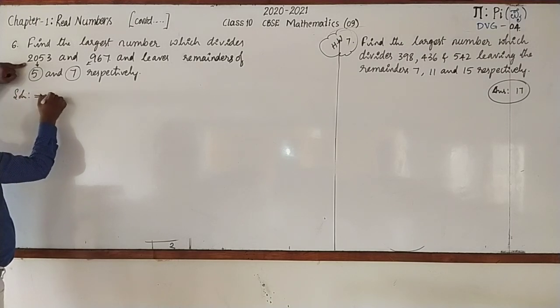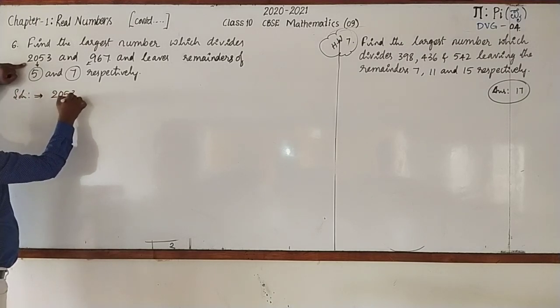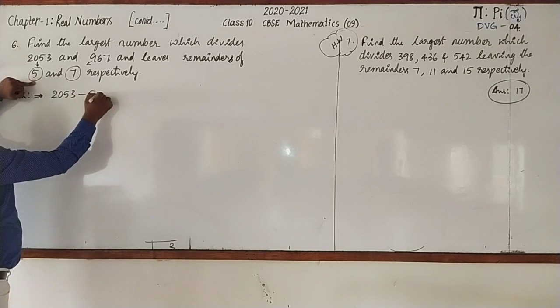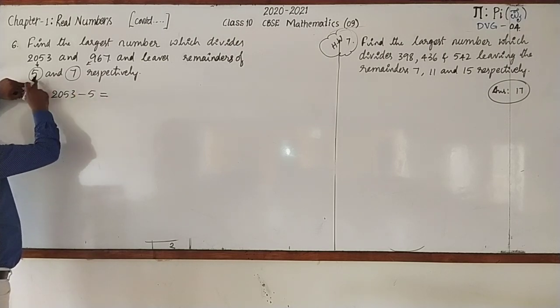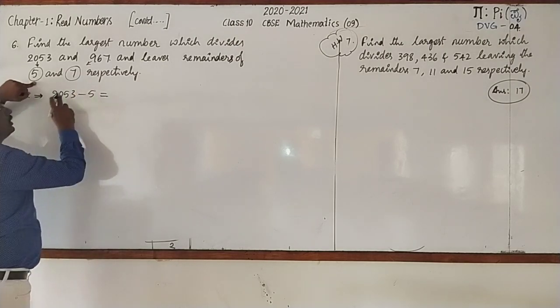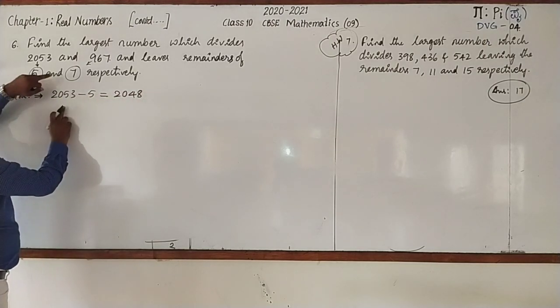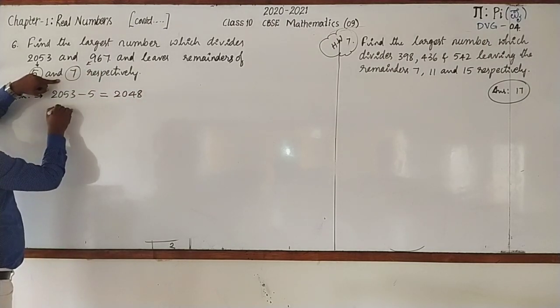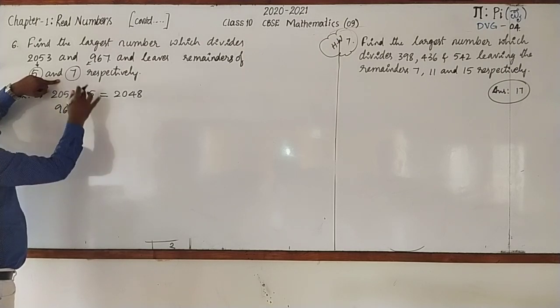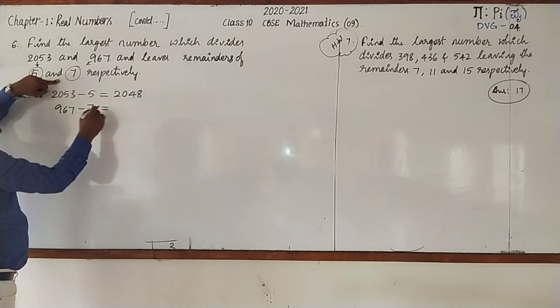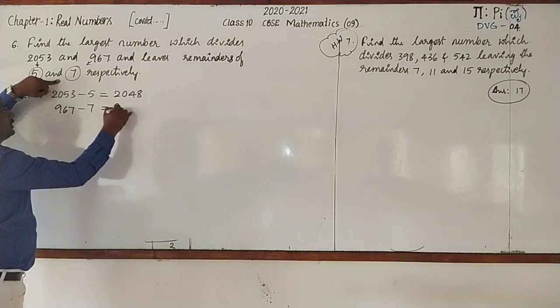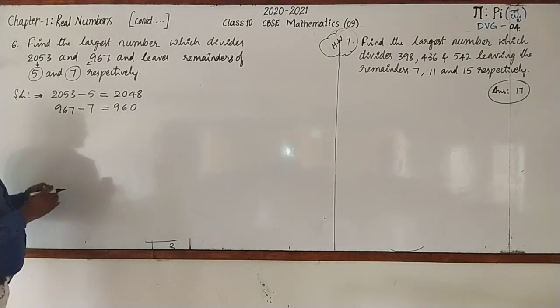The given number is 2053 and you are going to subtract 5 because after dividing, it gives the remainder 5. So how much will it be? 2048. Next, another number is 967, and 7 is already extra in this. On subtracting, you will get 960.